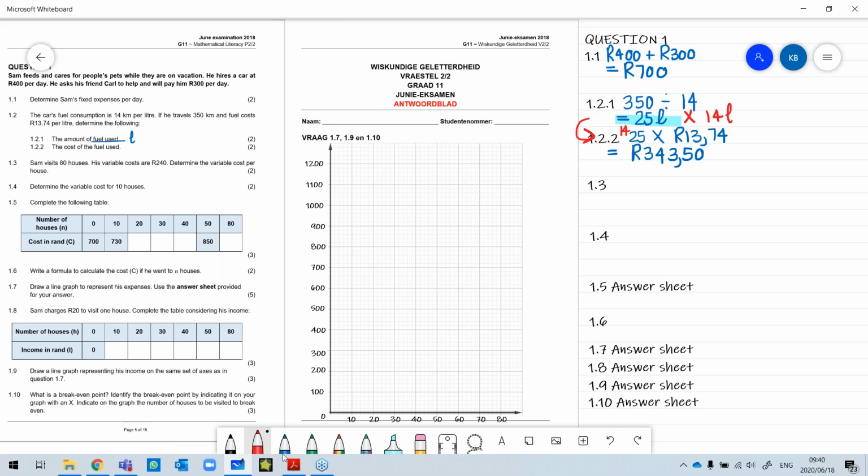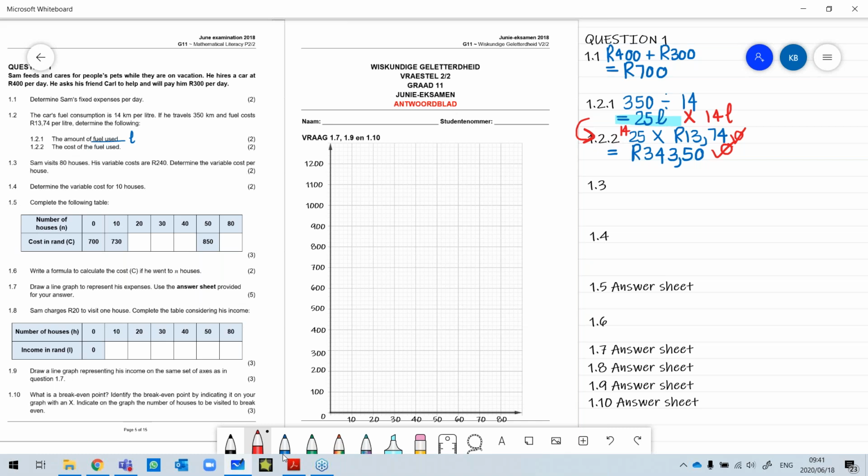So you will not continue to lose marks due to one mistake at the start of the question. If you said 14 times 13,74, you've calculated that correctly, you will receive your 2 marks. It is most likely going to look like this to say that we are marking on top of your incorrect answer.